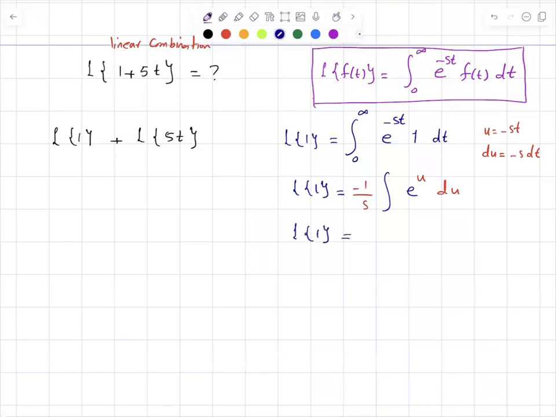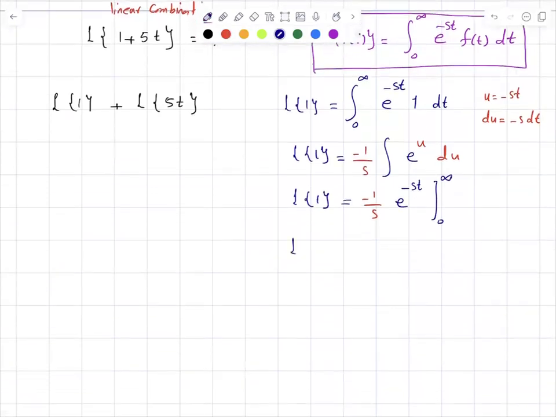So the Laplace of 1 is equal to negative 1 over s, e to the power u, which is basically e to the power negative st, and t ranges between 0 and infinity. For simplicity, you can rewrite this with a positive exponent.